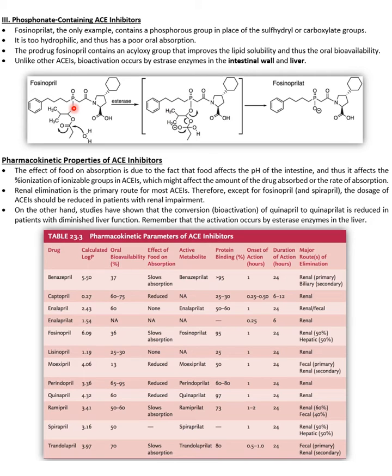It therefore has to be designed with an ester, basically a prodrug, and then the ester breaks in the intestinal wall or in the liver. So it could be broken in either of these two places to produce the active product. Okay, so remember with the dicarboxylate-containing ACE inhibitors, the ester worked only in the liver.